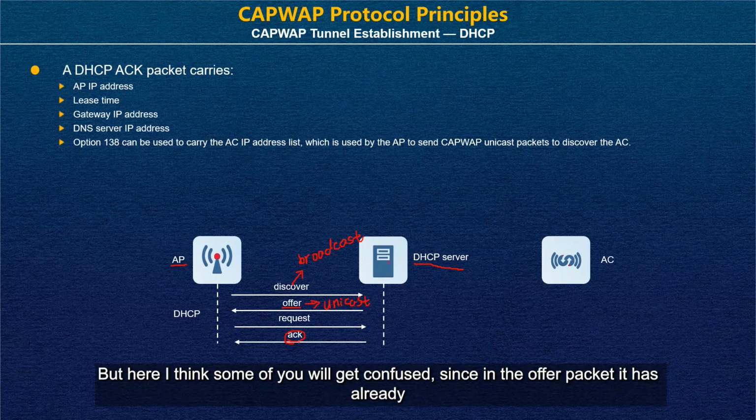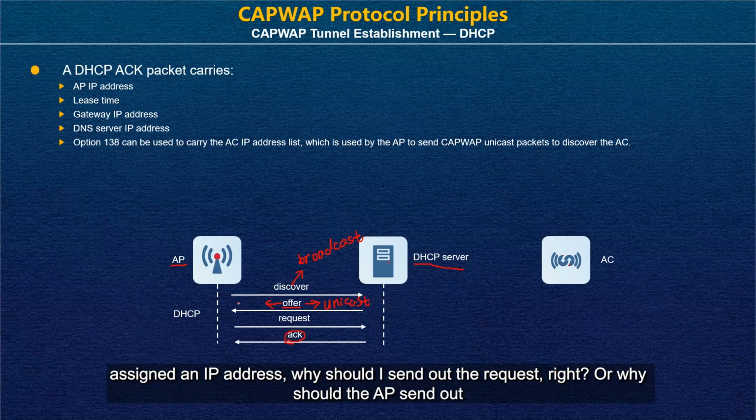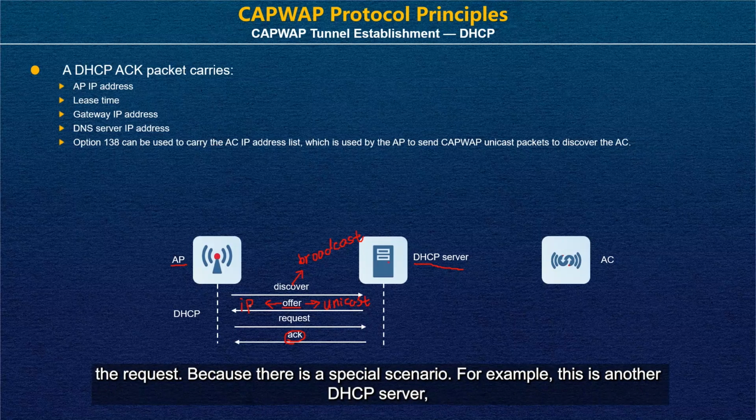But here I think some of you will get confused. Since the offer packet has already assigned the IP address, why should the AP send out the request? Because there is a special scenario.